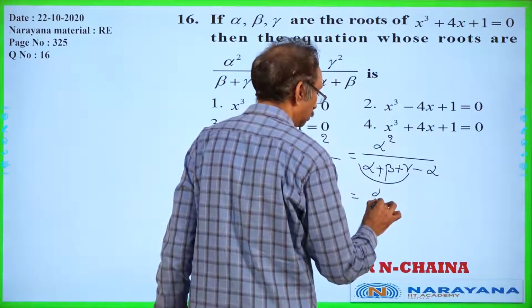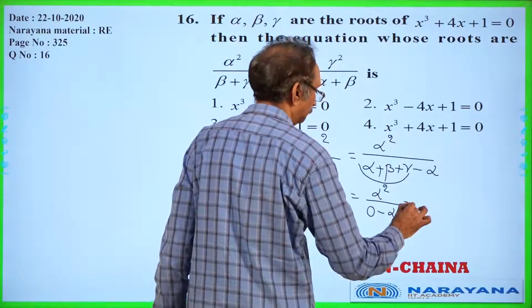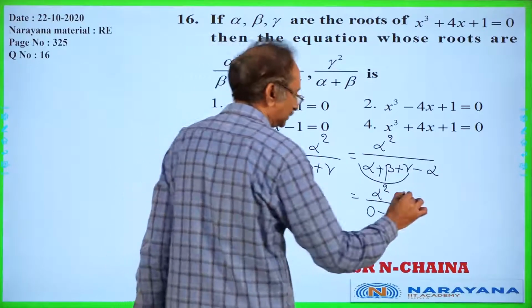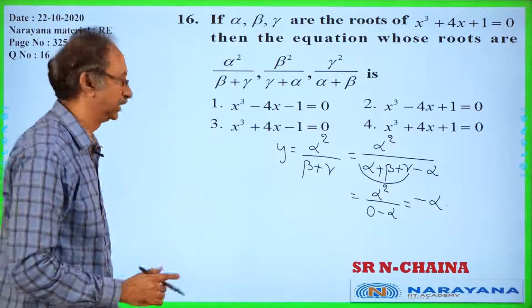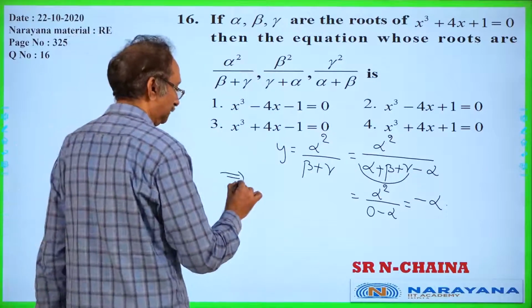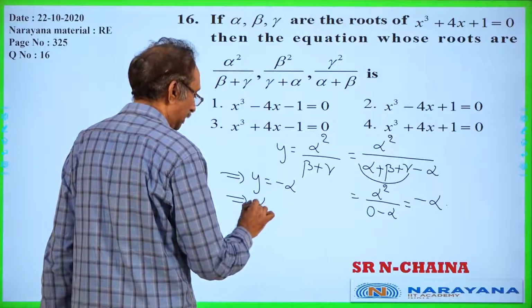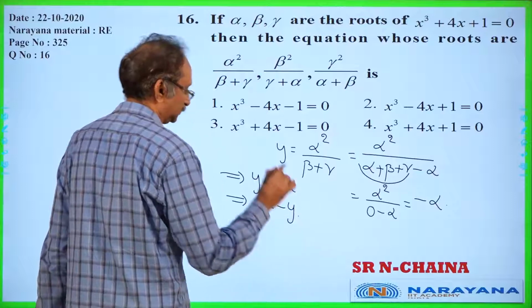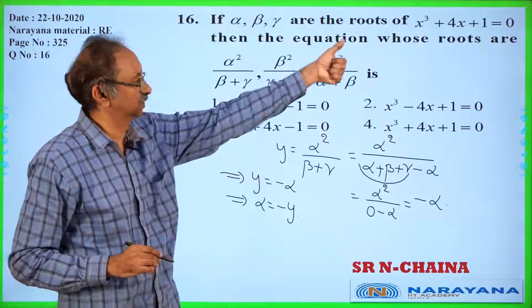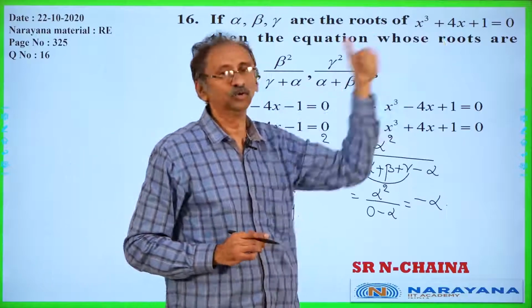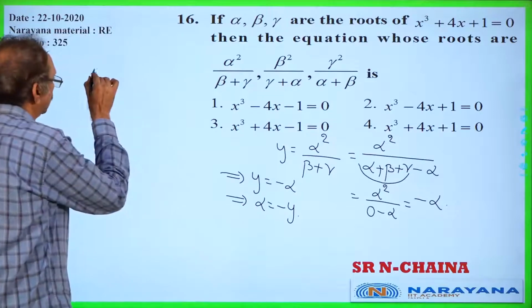So, that is equal to alpha square by 0 minus alpha, alpha square by minus alpha, that is minus alpha. And therefore, y is equal to minus alpha, or alpha is equal to minus y. Actually, alpha is a root of this equation. Therefore, if I write alpha there, it should satisfy.